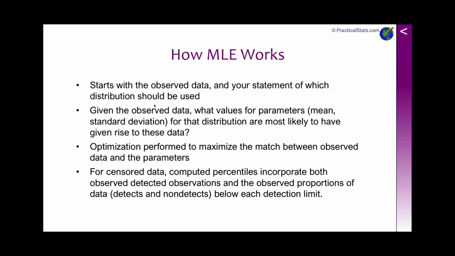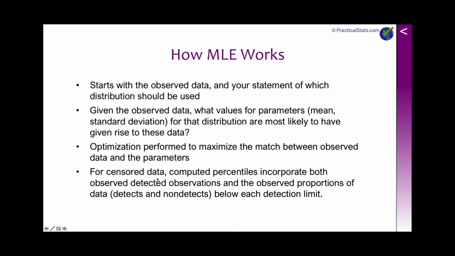So you're saying, I want to fit a log normal, I want to fit a gamma, etc. And then it will provide the best fit for that type of distribution by tweaking the values for the parameters, things like the mean and standard deviation for the distribution. And that tweaking is done with an optimization procedure to maximize the match between the observed data and those parameters. So which set of parameters is most likely to have produced the data that you have seen.